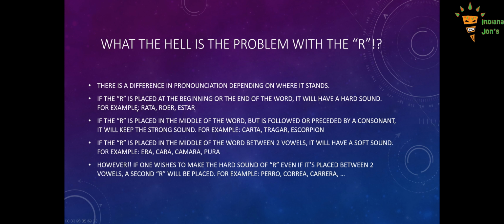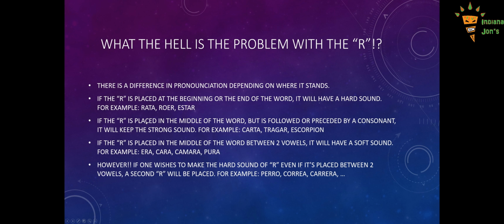That will be the sound, right? For example, rata, roer, estar. This, as you can see, is a harder sound, this bouncing thing with the tongue. So if it goes at the beginning or at the end, or both, it will have a hard sound.